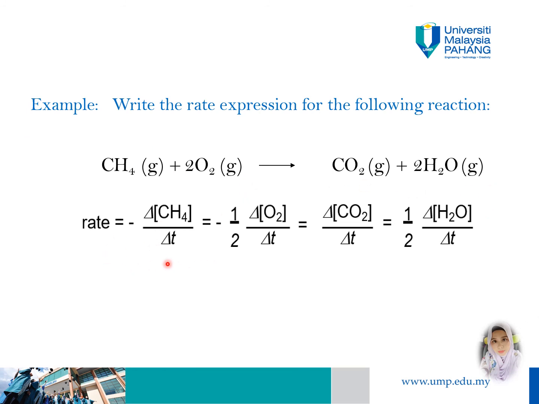So the rate is equal to negative change in concentration of the methane with time, and also equal to negative half the change in concentration of oxygen. This is your reactant, that's why the sign is negative. While for the product, it is also equal to the change in concentration of the carbon dioxide, and also equal to half the change in concentration of the water with time.